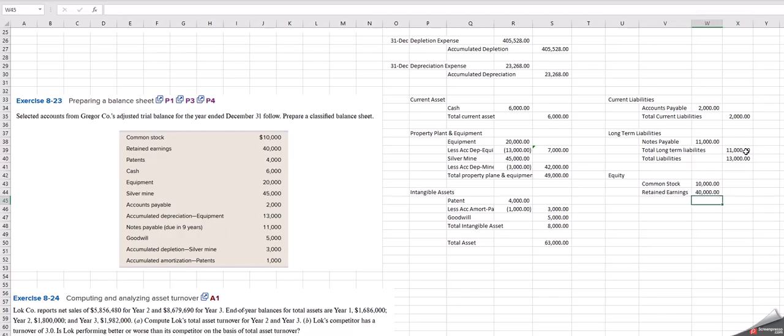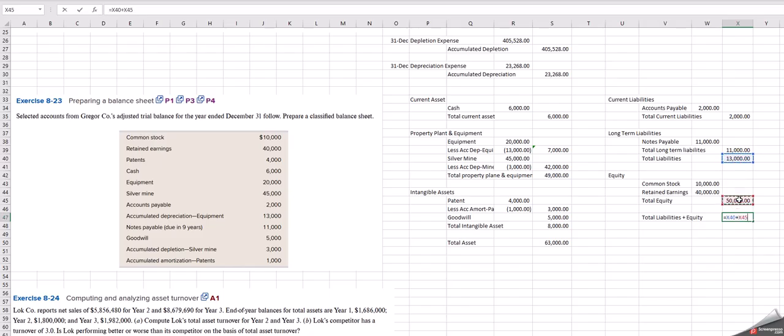And so we would total our equity. And then we would have our total liabilities and equity. And then our balance sheet balances.